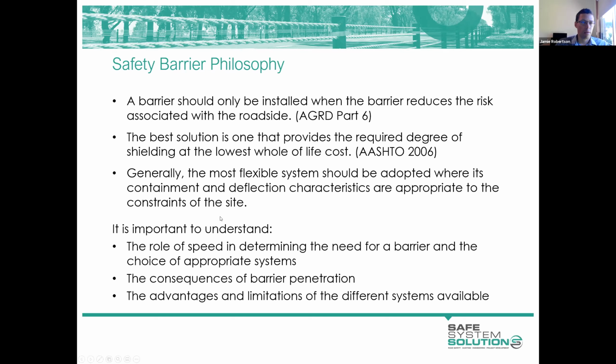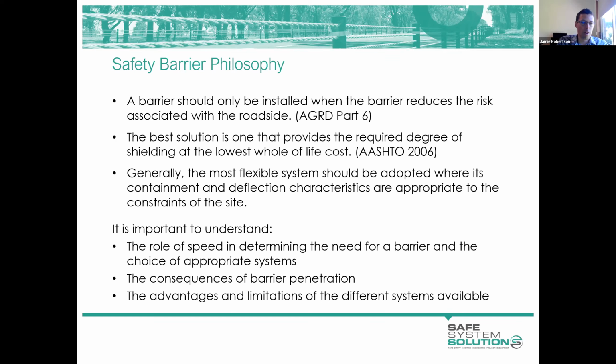When thinking about whether to install a barrier or not and our choice of system, you really need to keep in mind the speeds at that location. If our speeds are sufficiently low, perhaps 60 or less, an impact with a roadside object is unlikely to lead to a fatal or serious injury, and we typically wouldn't install barriers.